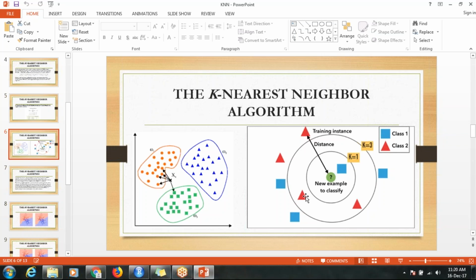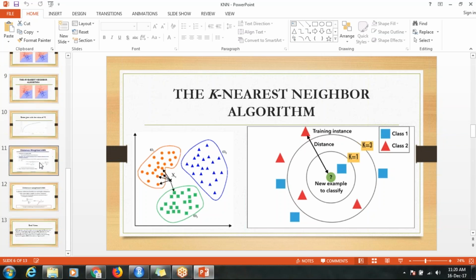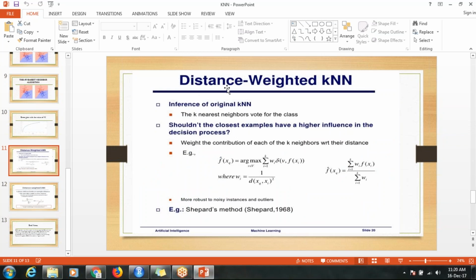Again after that this will be given weightage, and again after that this will be given weightage. So I give a weighting to each of the nearest neighbors on the basis of how far the sample is placed from my location. So there we have the concept of distance weighted KNN.